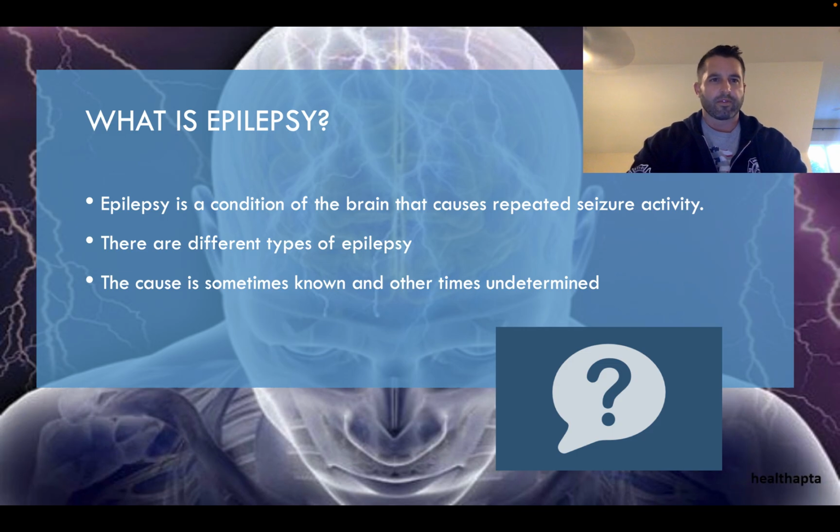As far as how they know the exact cause of seizures, that is determined through testing, some history, and also your family genetics. It might run in your family itself.